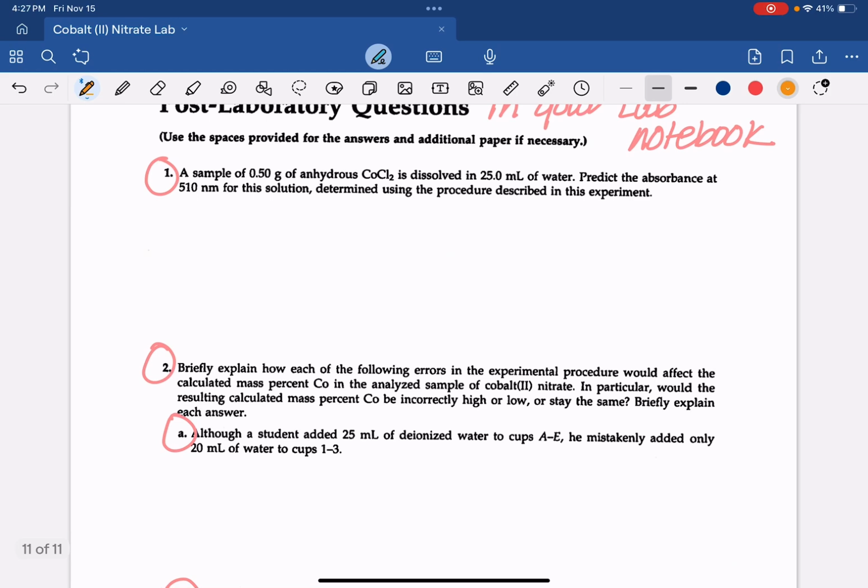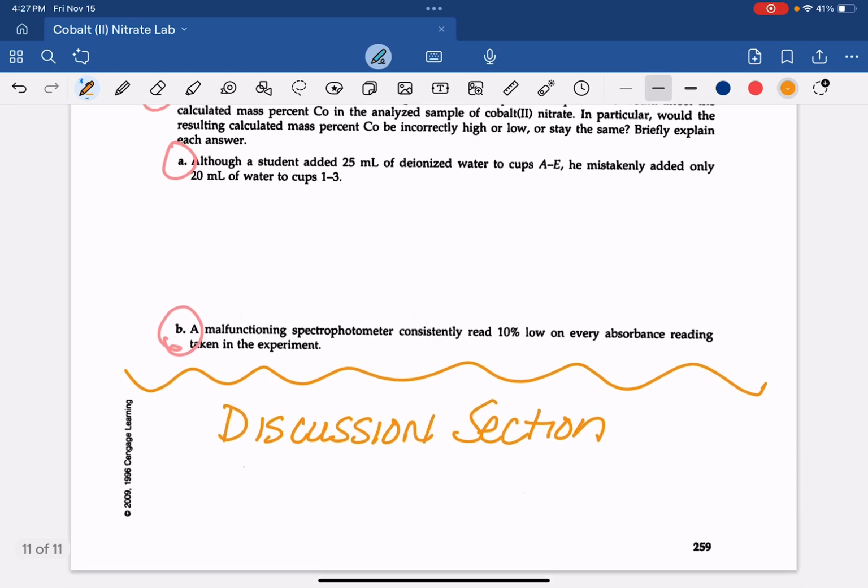You're doing questions 1, 2A, and B. And last but not least, a discussion section. For my students, please make sure that you provide a detailed explanation, that you don't just answer yes or no. You explain why and highlight the key things that happened throughout the lab.